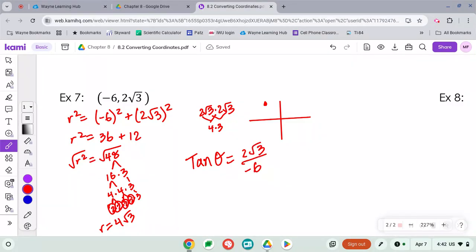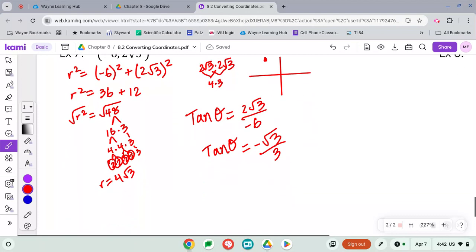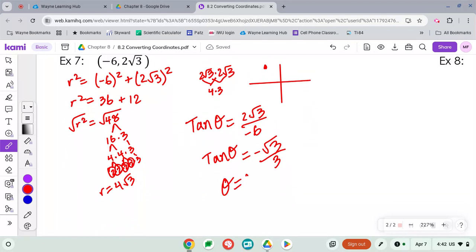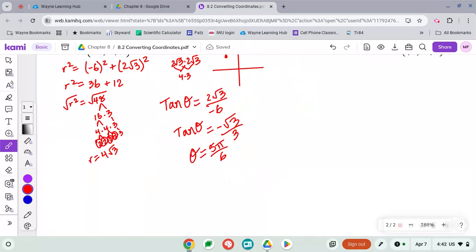We can reduce that. So the 2 goes into 6 3 times. So it will be negative root 3 that we're looking for over 3. Okay, and where does that occur? Well, we know it has to be in quadrant 2, and it will occur at 5 pi over 6. Okay, so 4 root 3, 5 pi over 6.